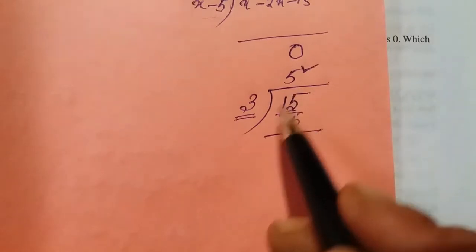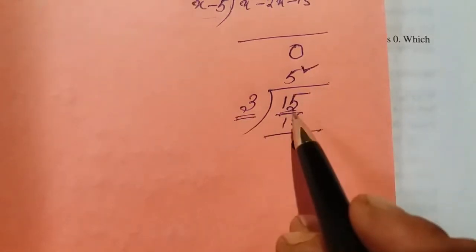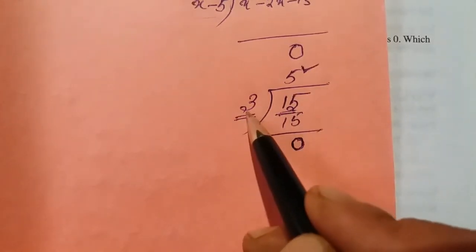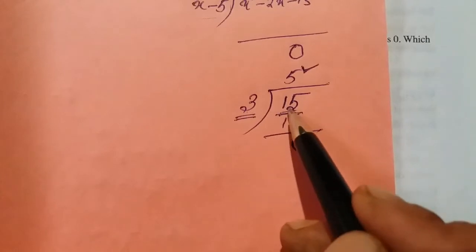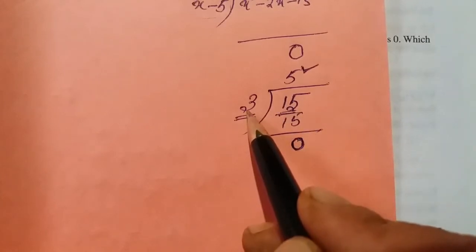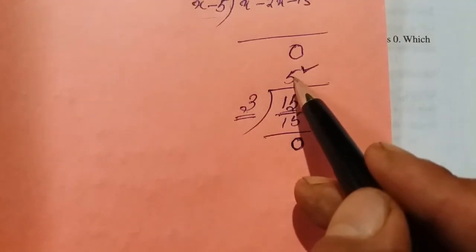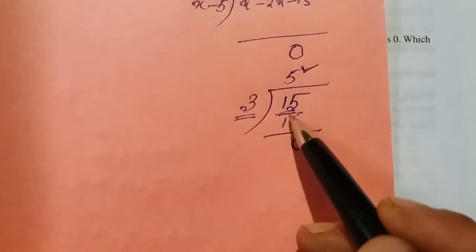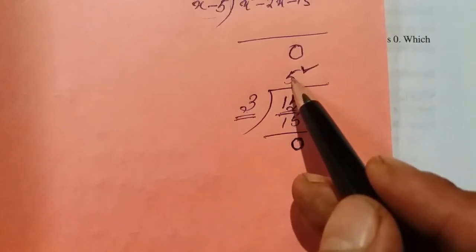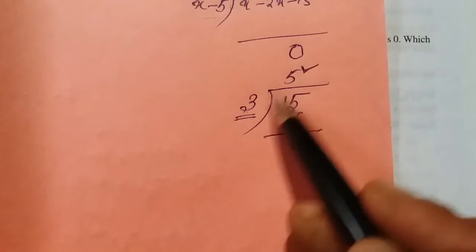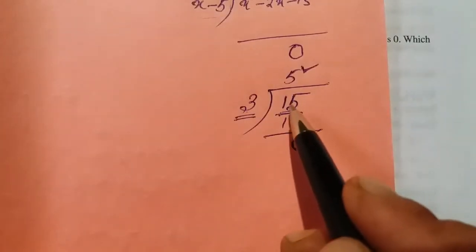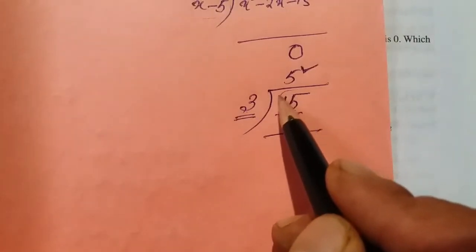Now from here what you can say is this 3 is a factor of 15, because this 15 is exactly divisible by 3, and 5 is the quotient here. 5 is also a factor, because this 15 will be exactly divisible by 5, because we will be getting here 5 3s are 15.